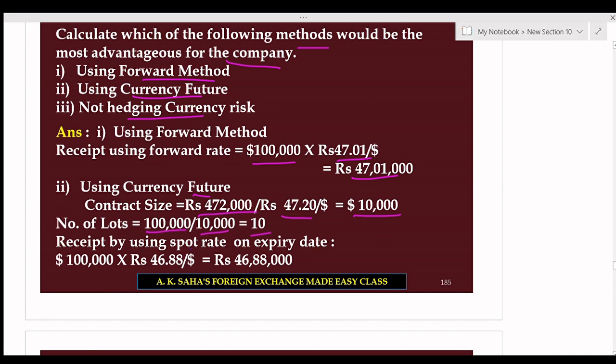Receipt using the spot rate on expiry date: this is the first procedure of receiving the money. $1,00,000 multiplied with 46.88 rupees per dollar, that is the expiry spot rate, is equal to rupees 46,88,000.